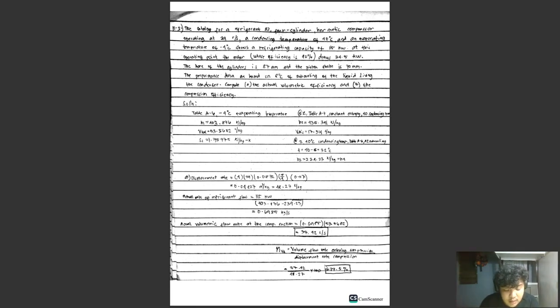So for A, as I said, we need to get the actual volumetric efficiency. First, we need to get the displacement rate. It goes 4 times 29 times 0.087 squared times pi over 4 times 0.07.